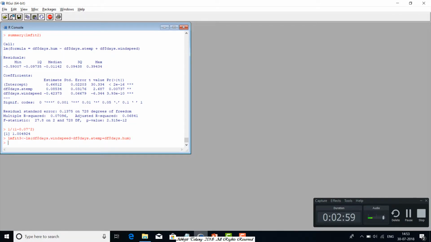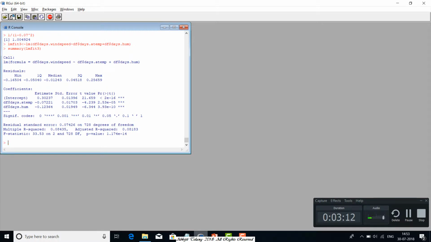Similarly, I'll do it for lmfit3, which is taking wind speed as a response variable and temperature and humidity as the independent variables. I can quickly do a summary on this one, get the R statistic, and then calculate the variance inflation value by plugging in this R statistic value.